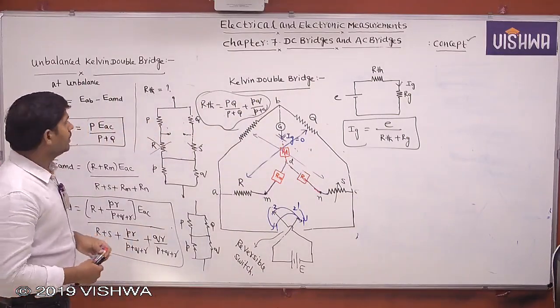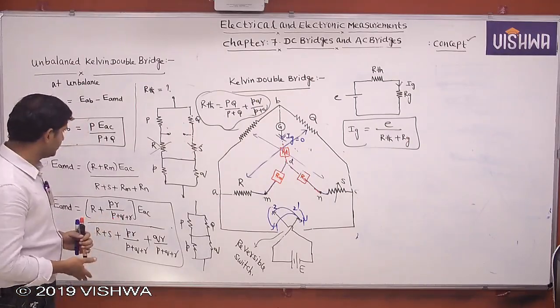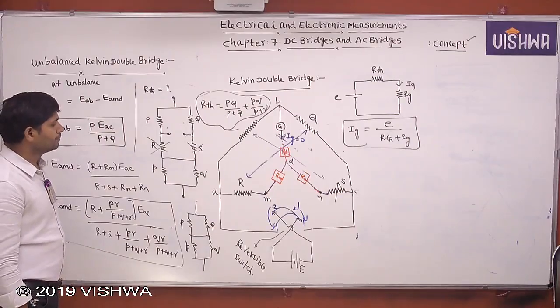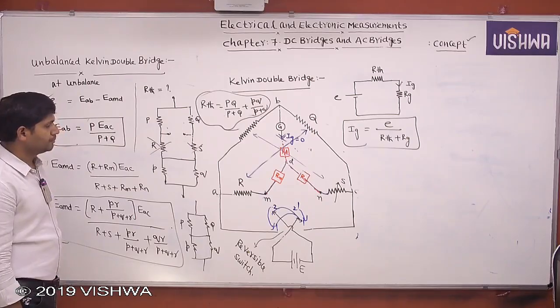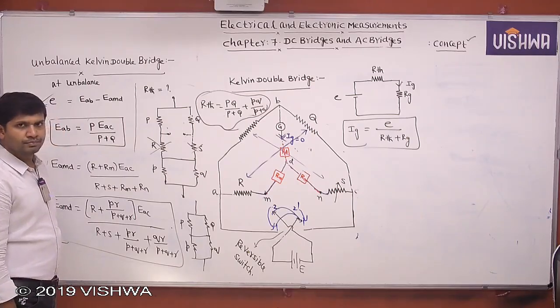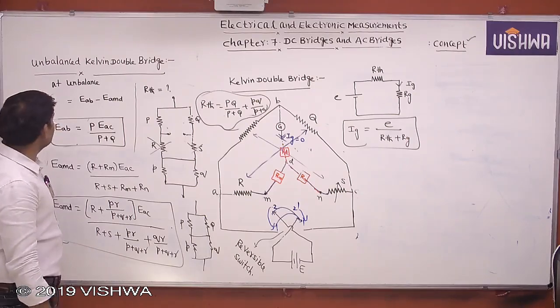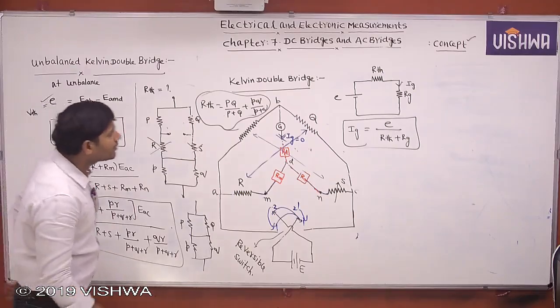With this the Kelvin double bridge is completed. Over? Yes. The next method for measurement of low resistance is the potentiometer method.